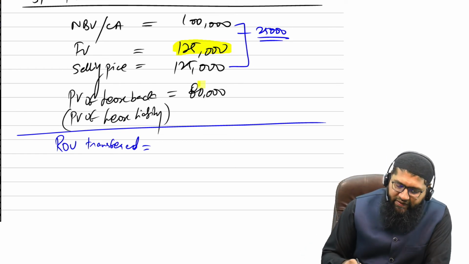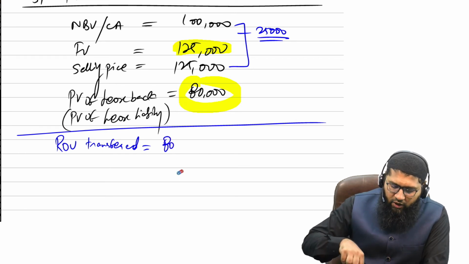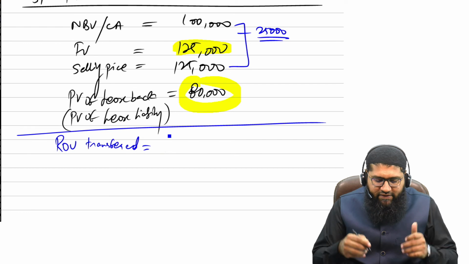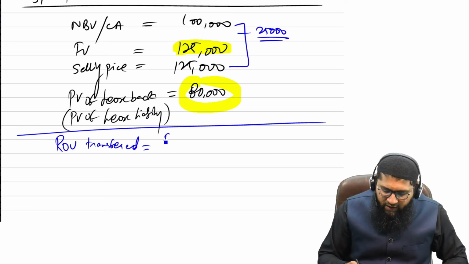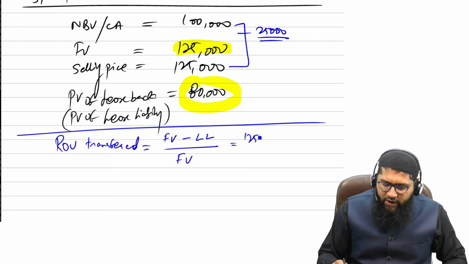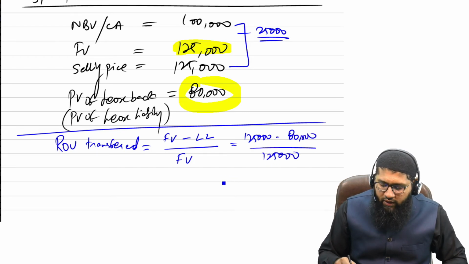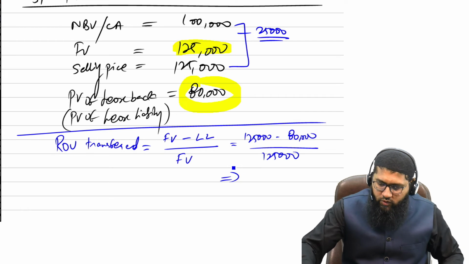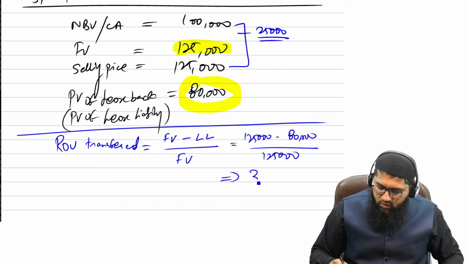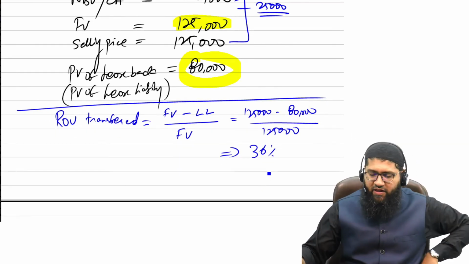Now the consideration that you are paying is 80,000, right? So 80,000 is basically the right of use of the asset retained. You're going to say fair value minus lease liability divided by fair value. So it's 125,000 minus 80,000 divided by 125,000. Resultingly, what do you get? 36% is the right of use of the asset that has been transferred.